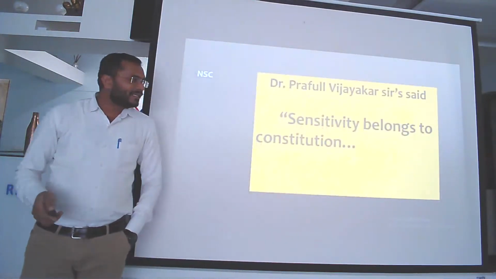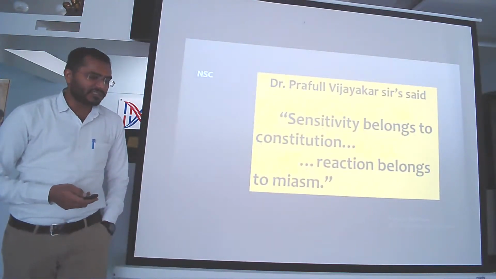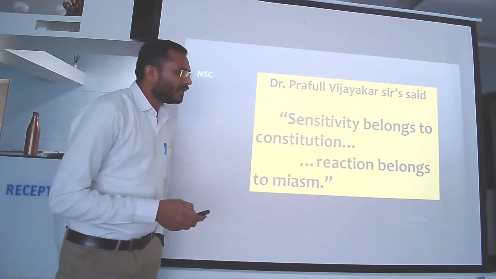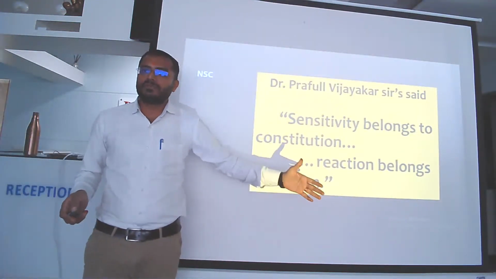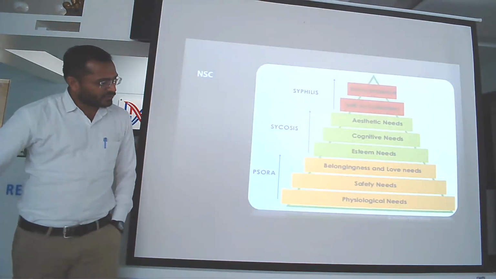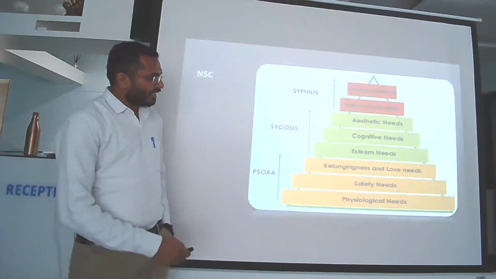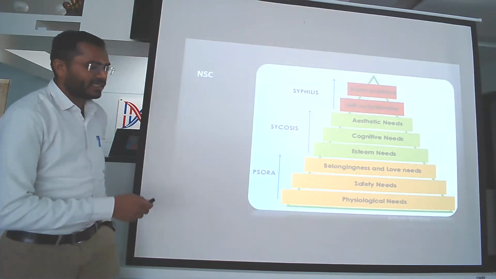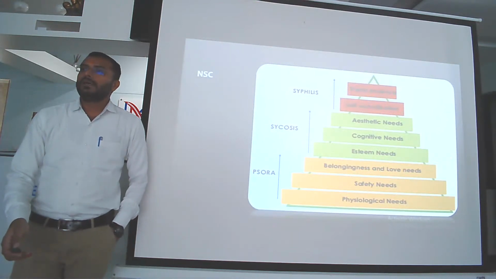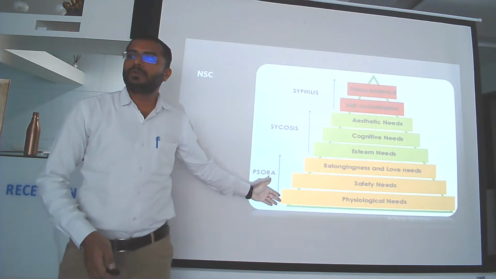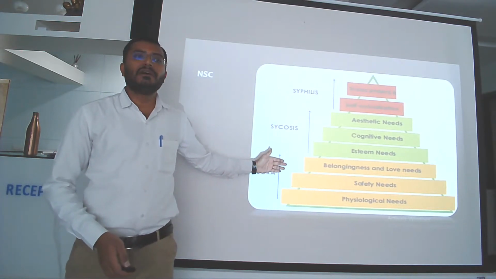Sir always says sensitivity belongs to constitutions and reaction belongs to miasm. So this is very important in today's session, and this was the basic need. Maslow has given this need. The physiological, safety and belonging needs are the sora. Everybody needs safety, everybody needs food, water, air, everybody needs love, care, nurture.